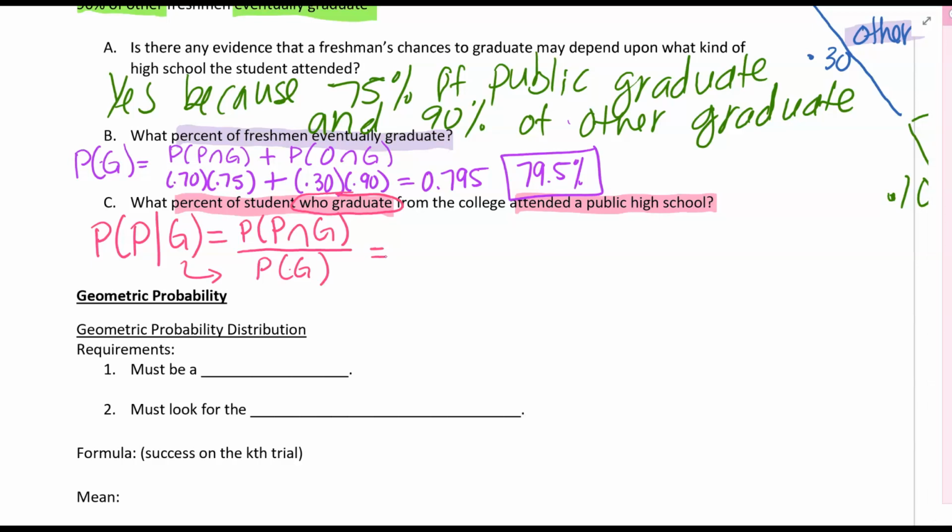So the public and graduating is basically this again, 0.70 times 0.75, because going to public school was 70% and then graduating was 75%. Over the probability of graduating, which we calculated in part B. Probability of graduating was 0.795.